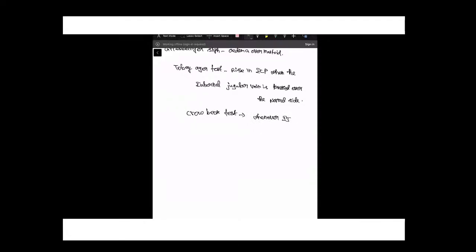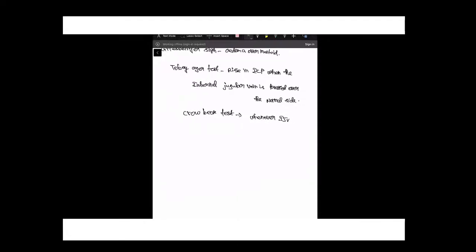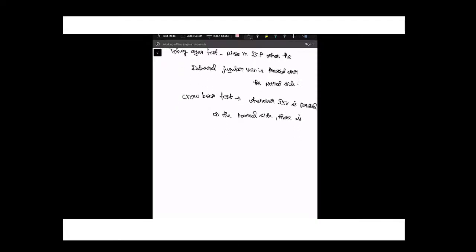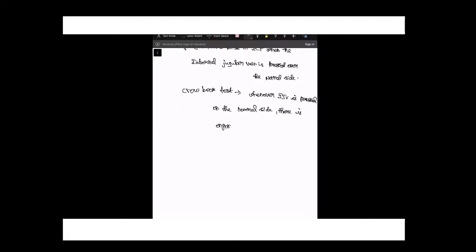Whenever the internal jugular vein is pressed on the normal side, there is engorgement of retinal veins.